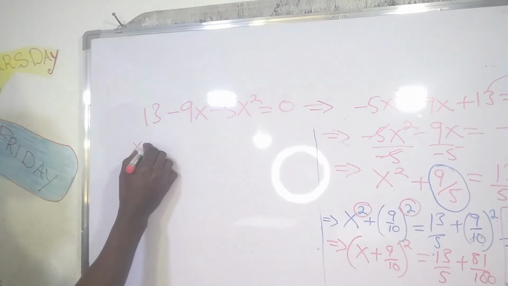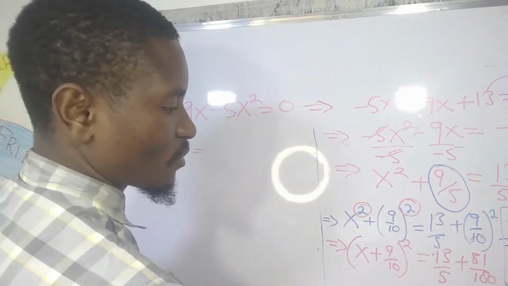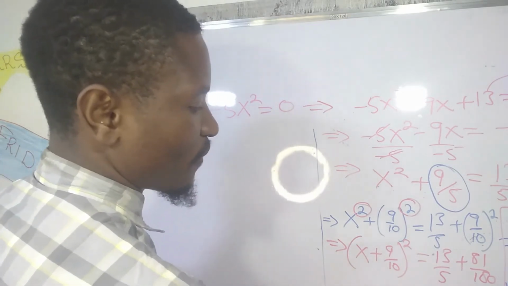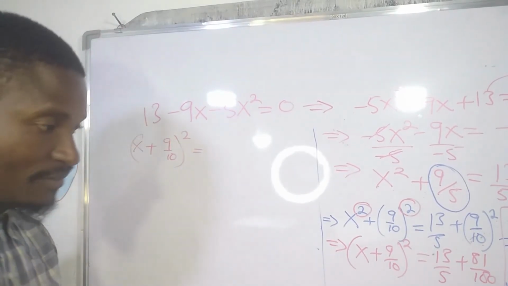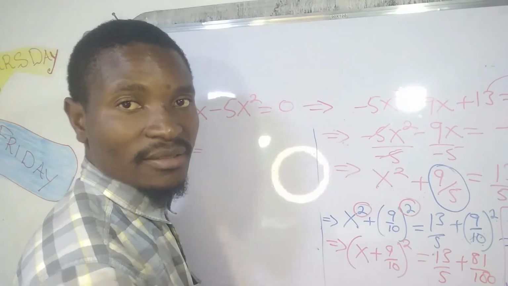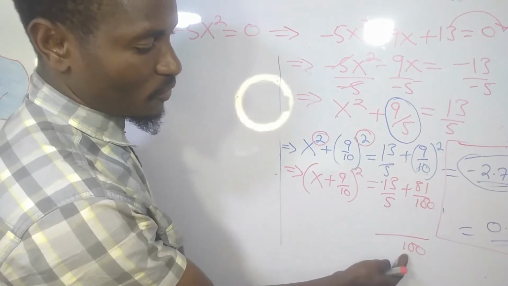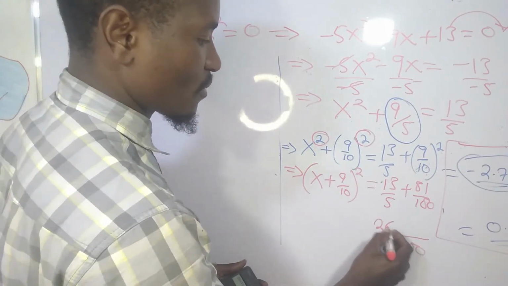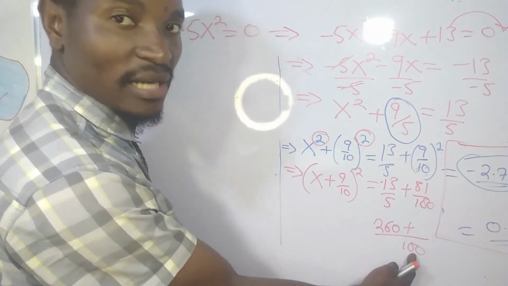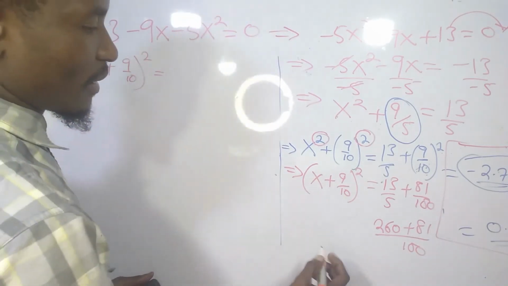So x plus 9 over 10, then that is going to be, now find the lowest common denominator, here it is 100. 5 into 100 is 20. 20 times 13, that is 260, plus 100 into 100 is 1, times 81.